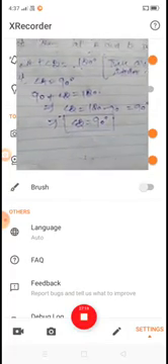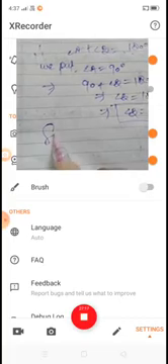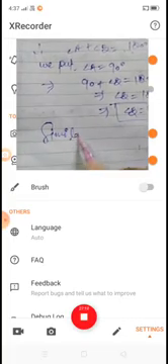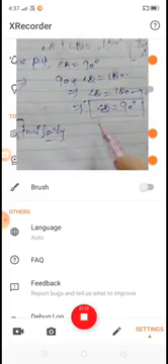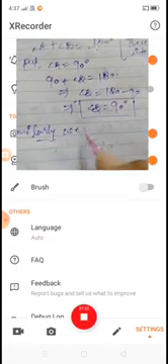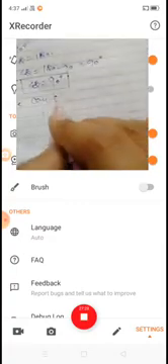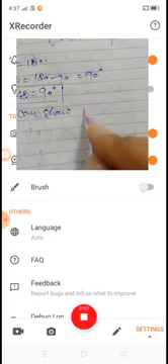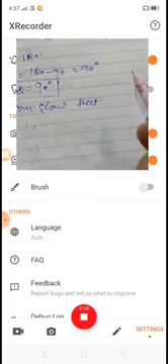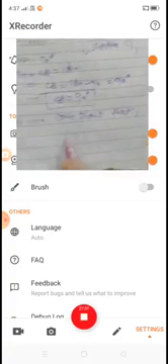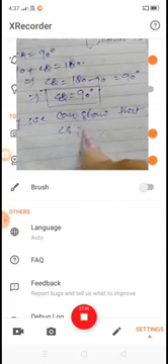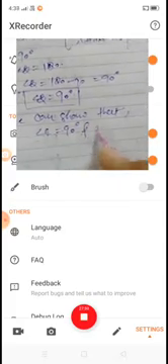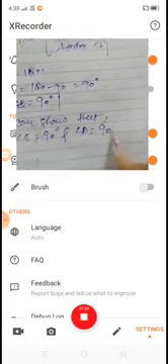Similarly we can show that angle C is equal to 90 degree and angle D is equal to 90 degree.